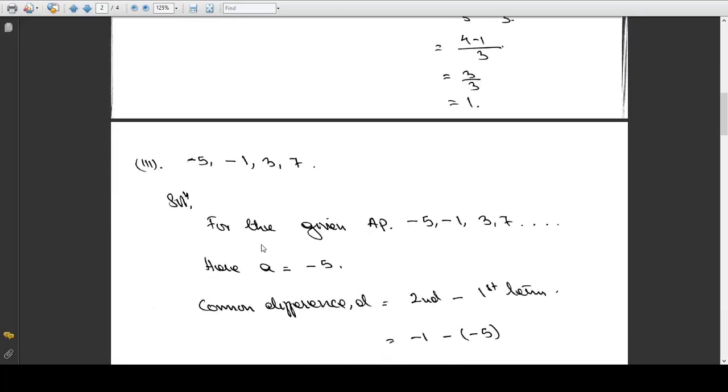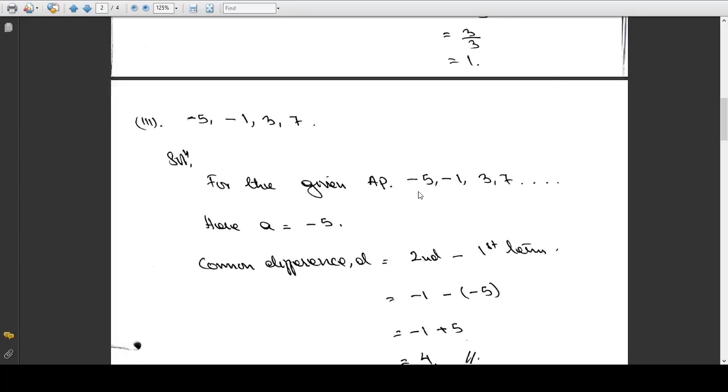In number 3, for the given AP, the first term is -5, second is -1, third is 3, fourth is 7. Here A is the first term, which is -5, and the common difference D is the second term minus the first term. The second term is -1, the first term is -5.